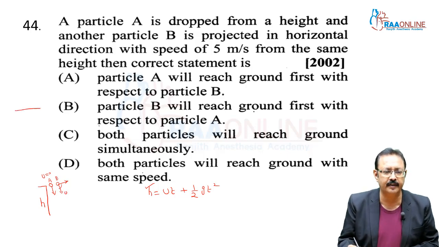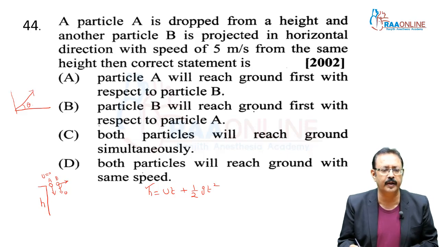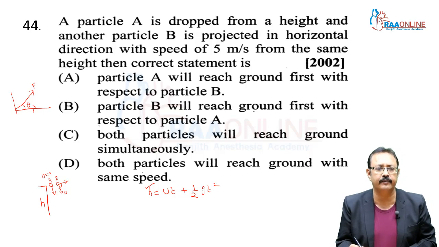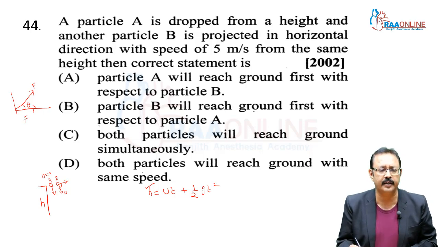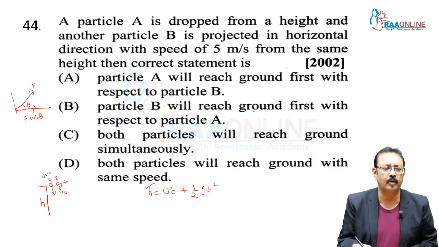because we know that in a vector, if it is making an angle theta with x-axis, its horizontal component is always given by f cos theta, and vertical component is given by f sin theta.